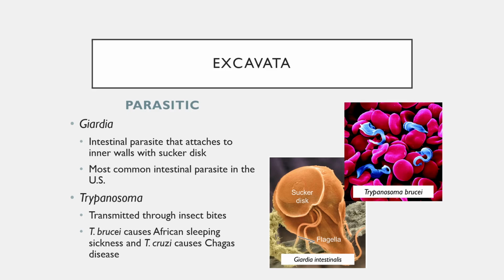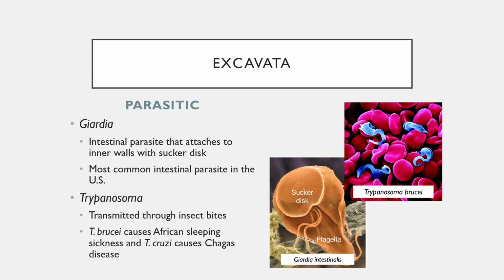Trypanosoma belongs to the same Excavata supergroup, but structurally they are quite different. These guys have this fluid undulating membrane that they use to flow throughout their environment. In this image right here, the red blood cells are the red circular objects, and then the trypanosomes are these light blue artificially colored undulating structures.